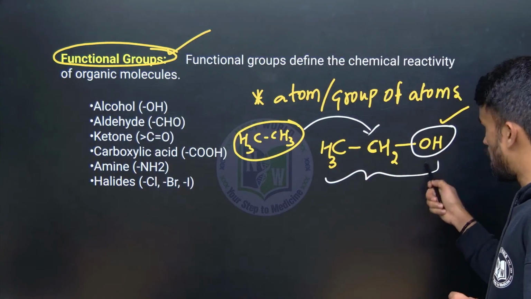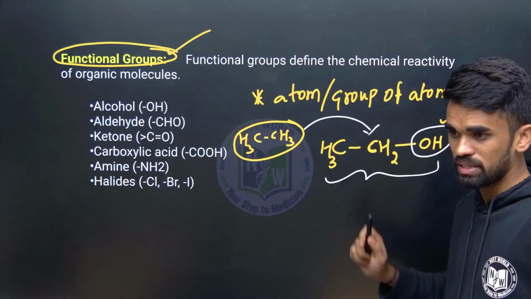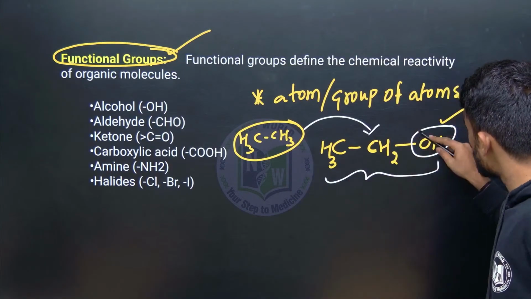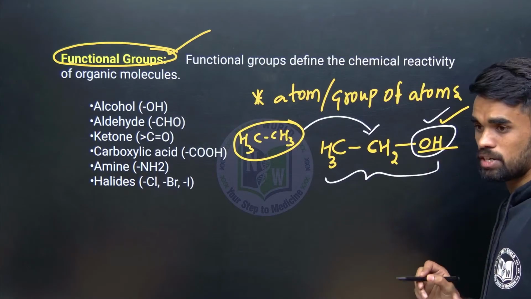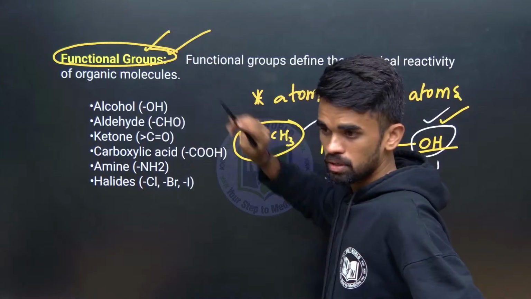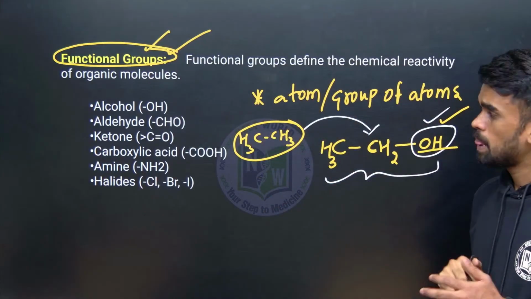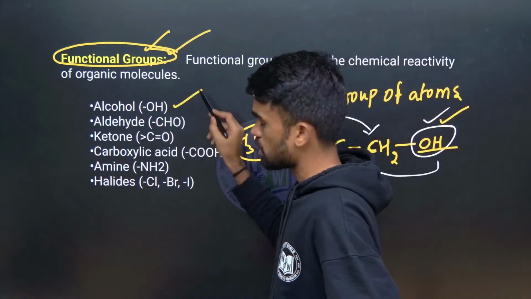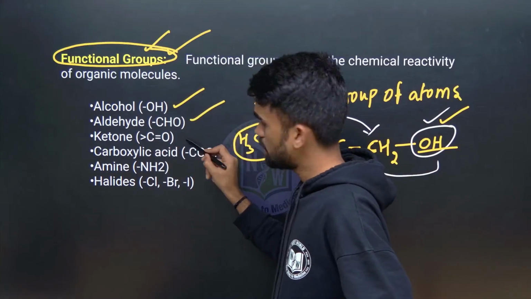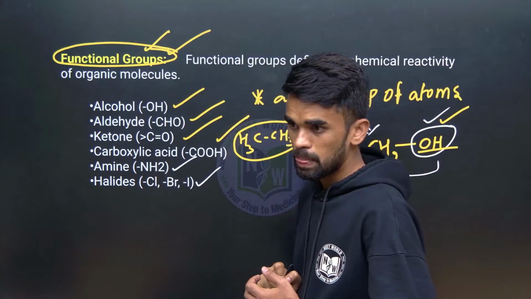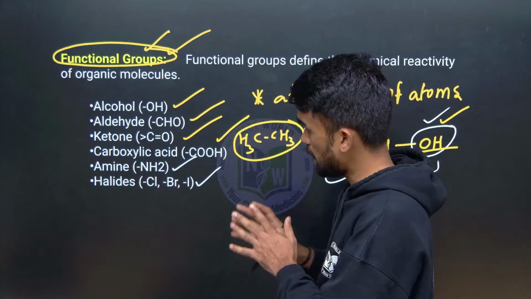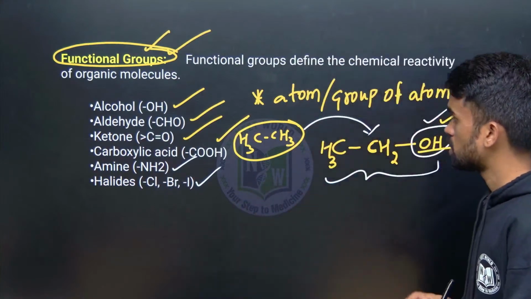Now it will have some special properties when we compare with this, due to the presence of this OH. Now this OH group is considered to be the functional group in this molecule. Is that clear? Like that we have alcohol functional group, aldehyde, ketone, carboxylic acid, amine and halides, okay. So this is about basic understanding of functional groups.